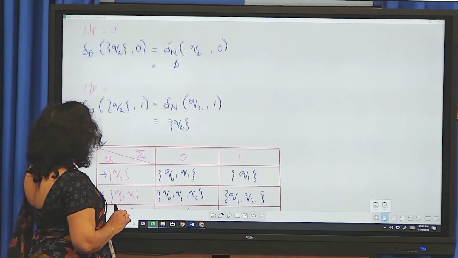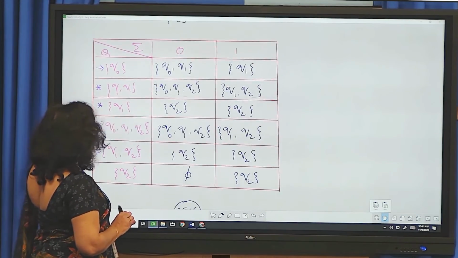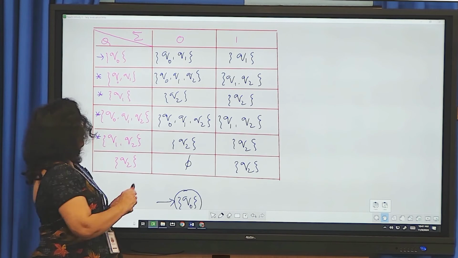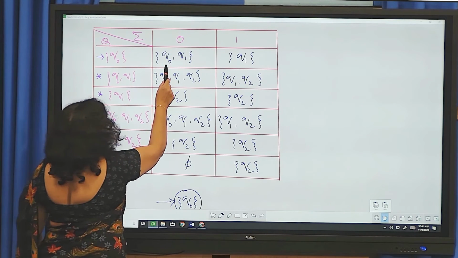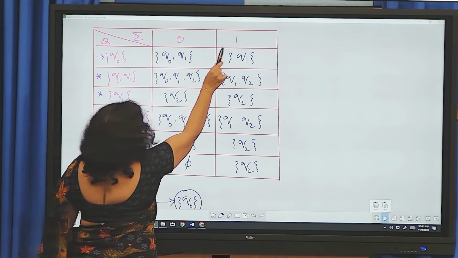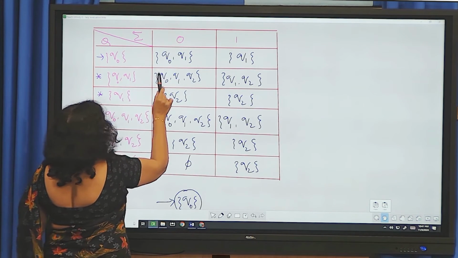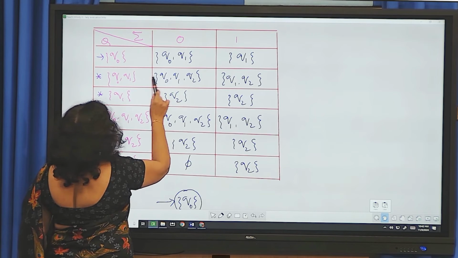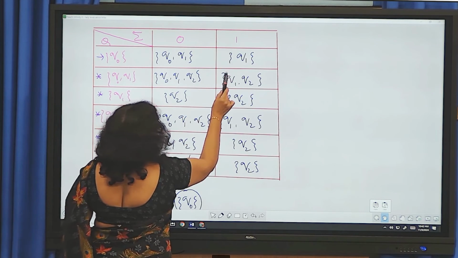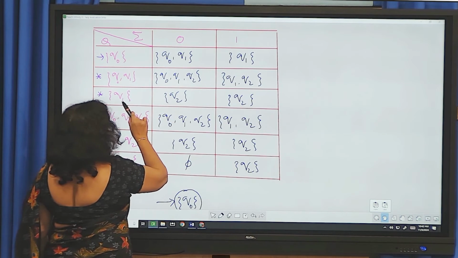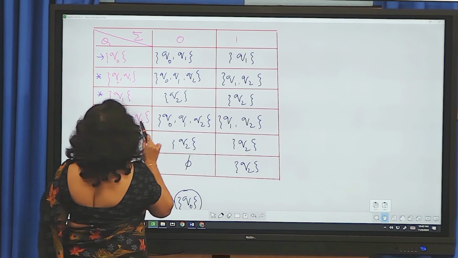Now with all the transitions whatever we have found, we prepare the transition table. Q0 on 0 is Q0 Q1, Q0 on 1 is Q1. Q0 Q1 on 0 is Q0 Q1 Q2, Q0 Q1 on 1 is Q1 Q2. Q1 on 0 is Q2, Q1 on 1 is Q2.